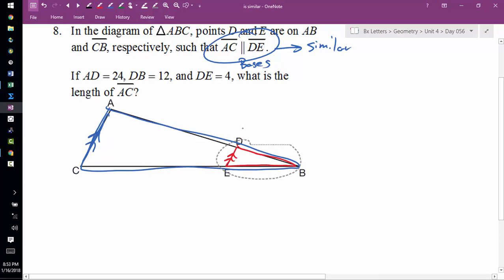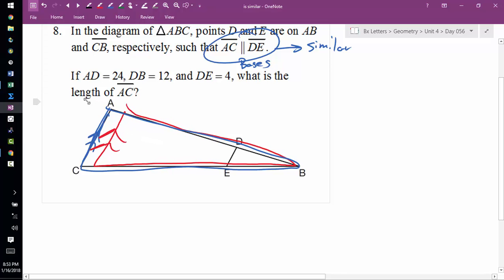And I guess I'll do it with the red one. Because if shapes really are similar, when I stretch it out, those sides have to stay parallel. They can't not be parallel.